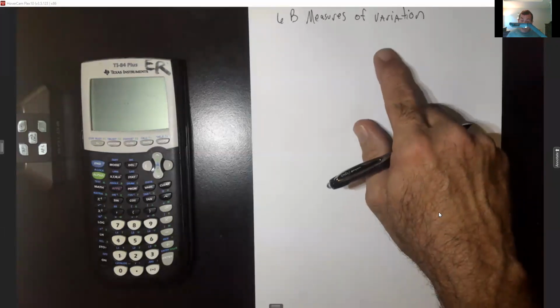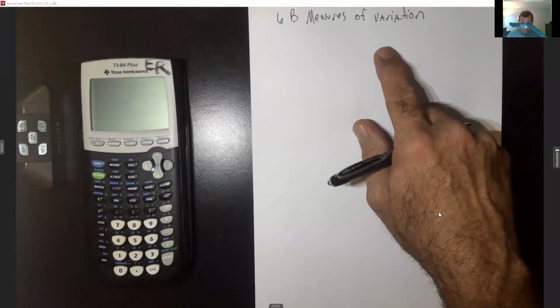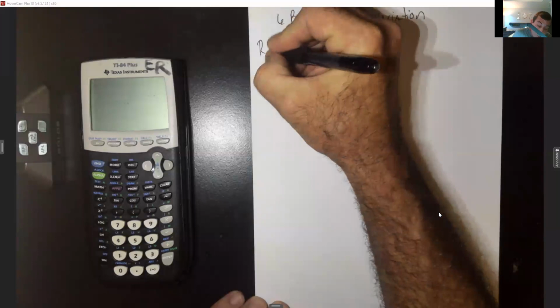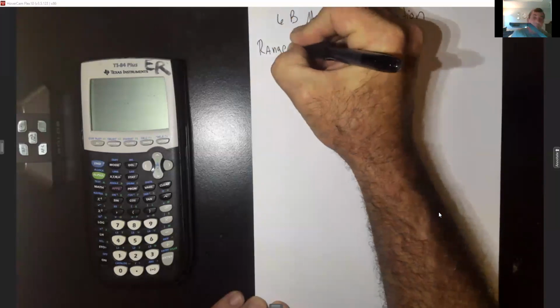We're going to actually get into the MR part of this course for 6B. So first of all, we're going to look at what the range is.